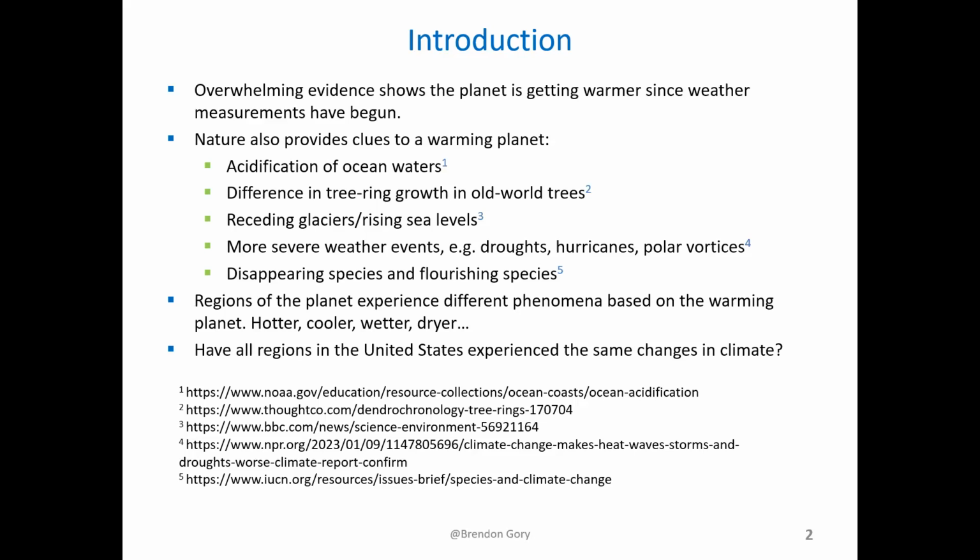The acidification of ocean waters, more carbon dioxide in the air, is making the ocean waters more acidic. We can see differences in tree growth from very old trees to newer trees, looking at the rings, dendrology, and how that has changed over the climate.